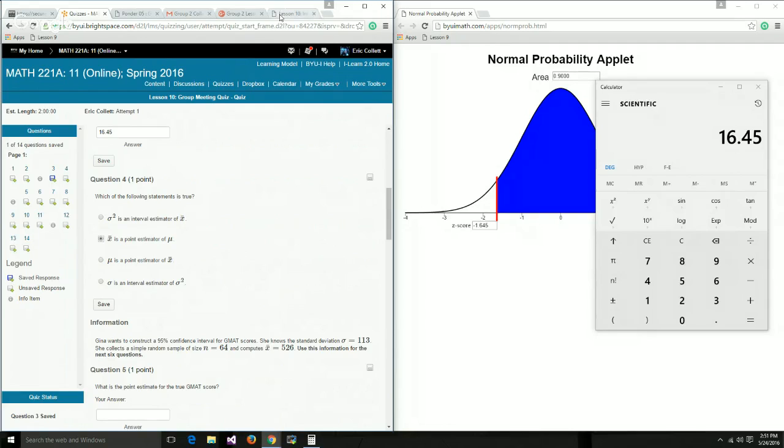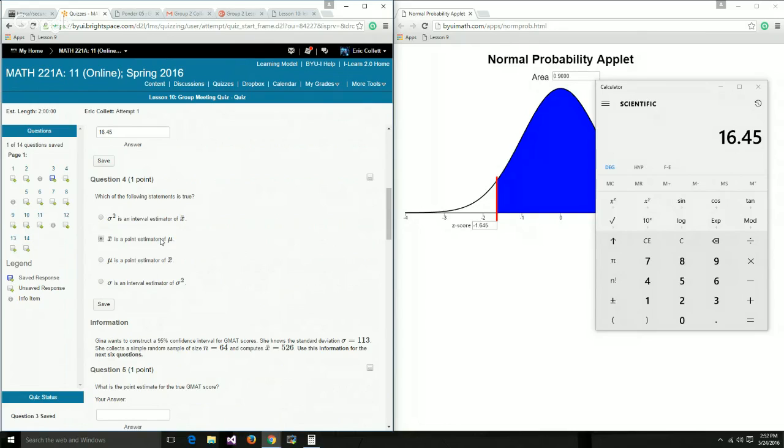That's true. It's trying to say this one should be near this other one. But wouldn't that mean that mu is a point estimator for x bar? I don't understand which one's going which way.